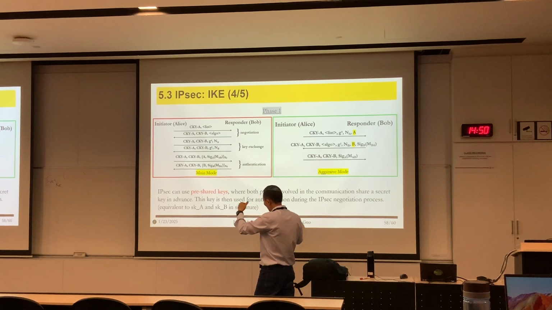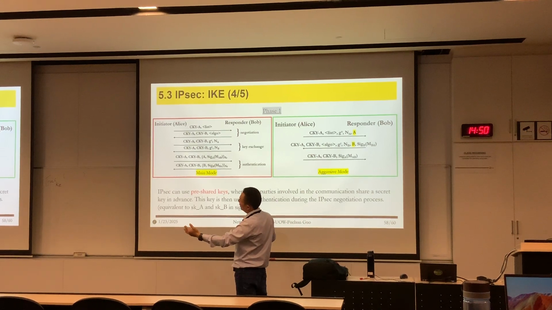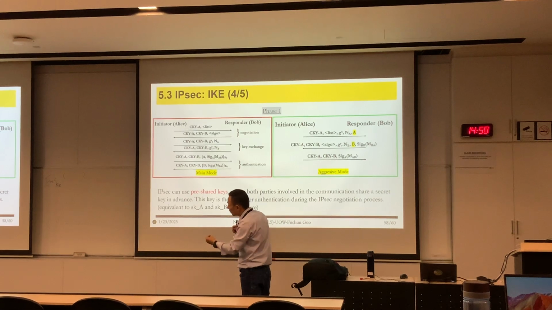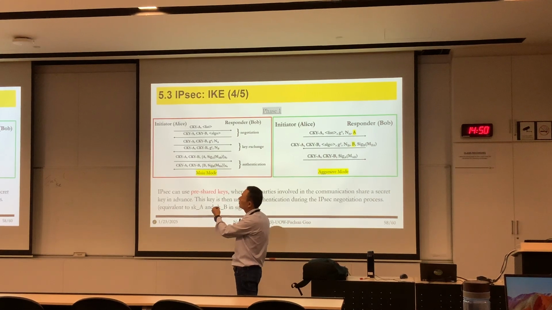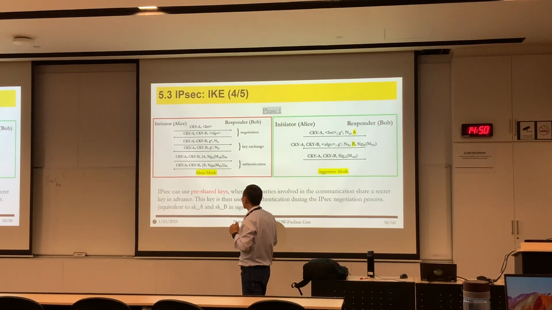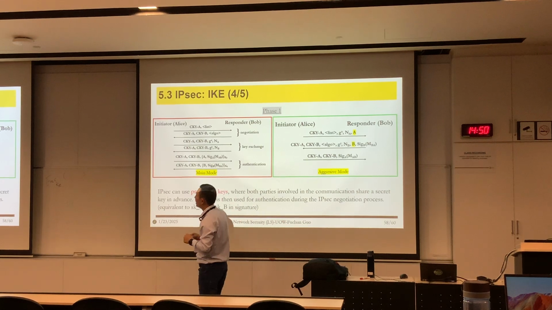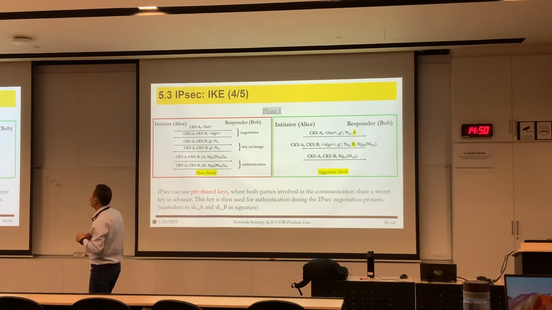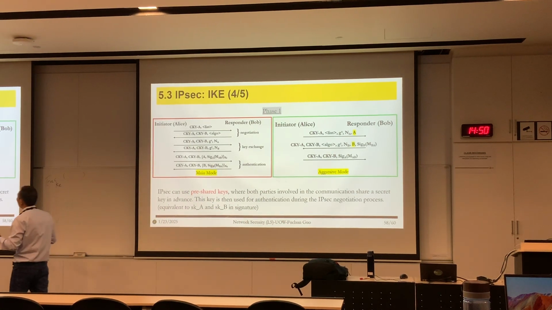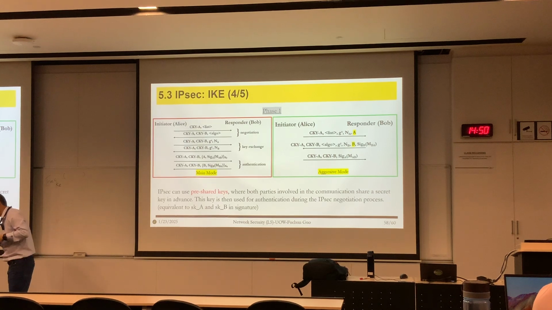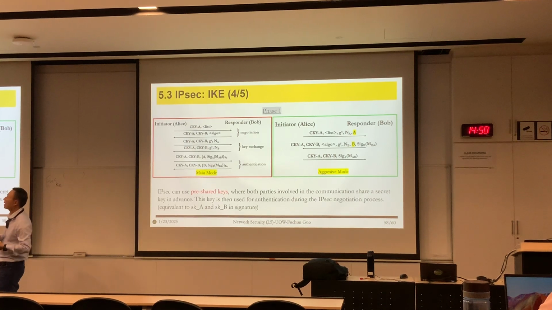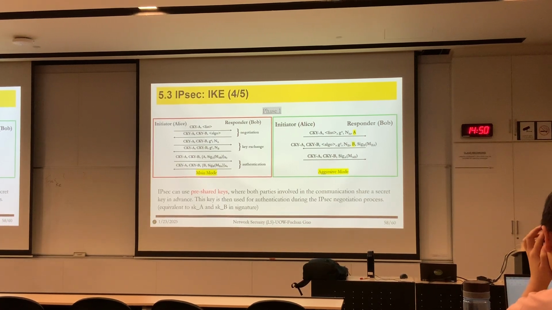Fresh means that from day to day, inside the IPsec protocol, the key will be different, to make sure that even if the key on the first day was stolen, it will not impact the security of the IPsec protocol.